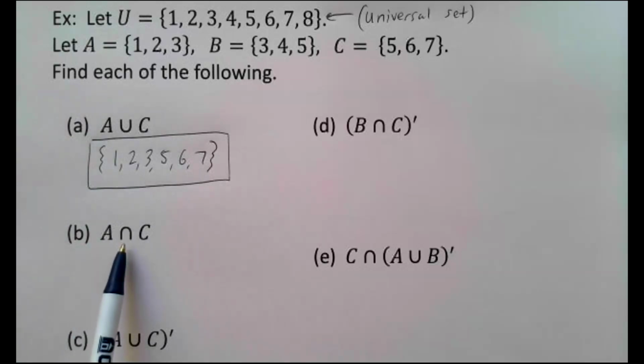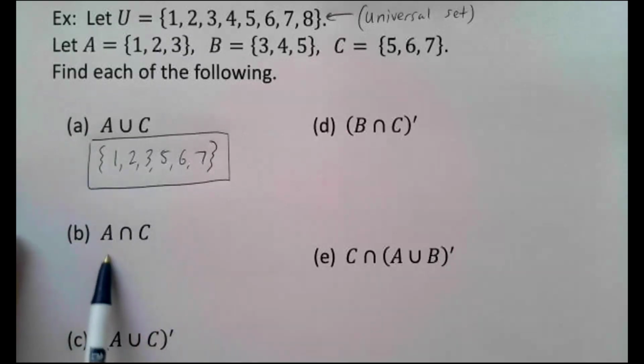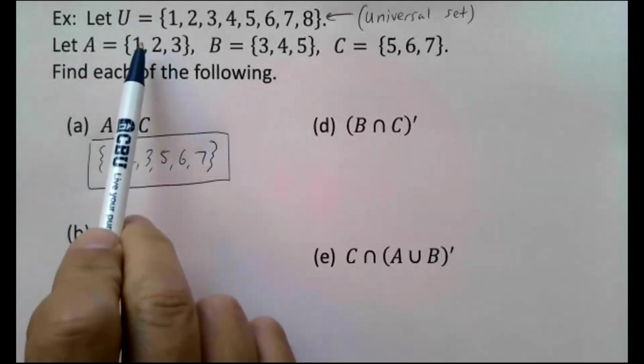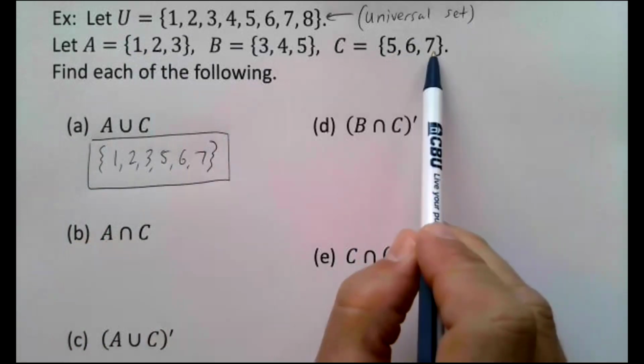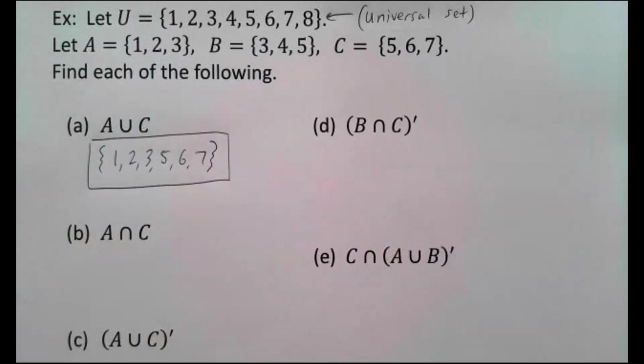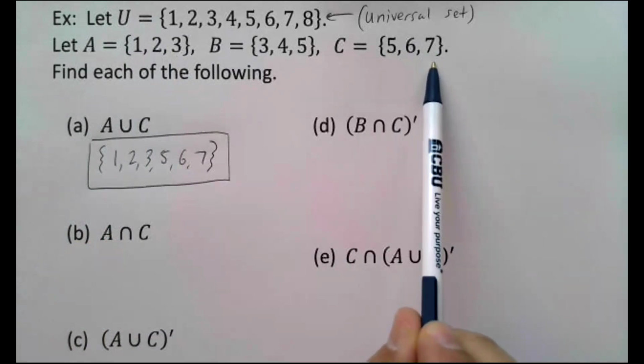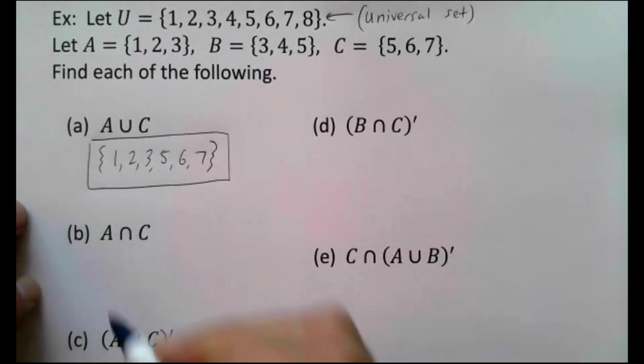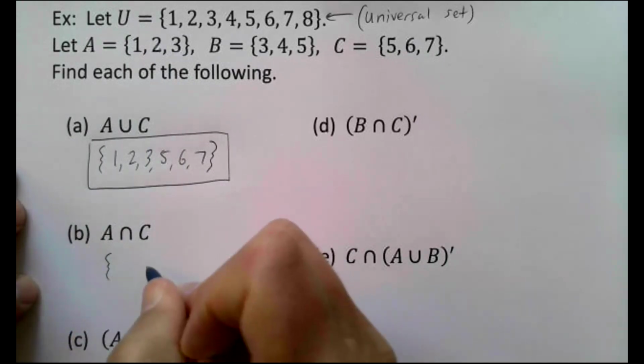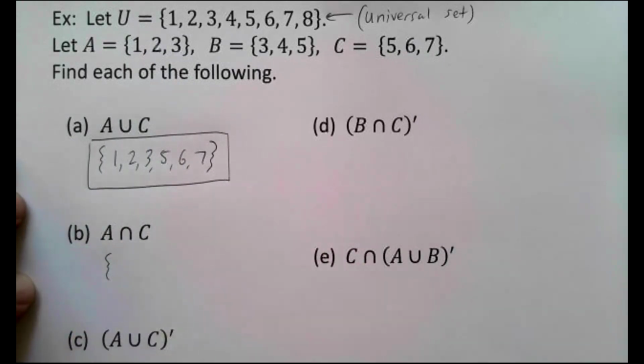But to get into the intersection, remember this says A intersection C. To get into the intersection of two sets, you do have to be in both. So the only people who are going to get into this one are people who are in A, but also in C at the same time. So what numbers are in A and also in C at the same time? That's who needs to go in here.